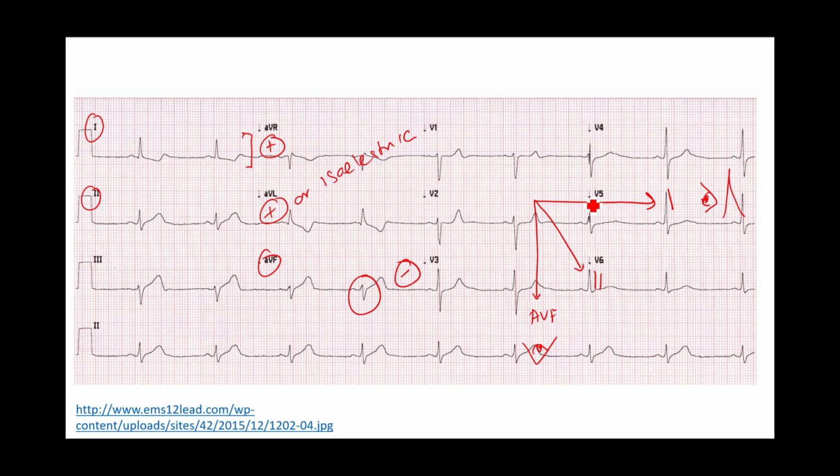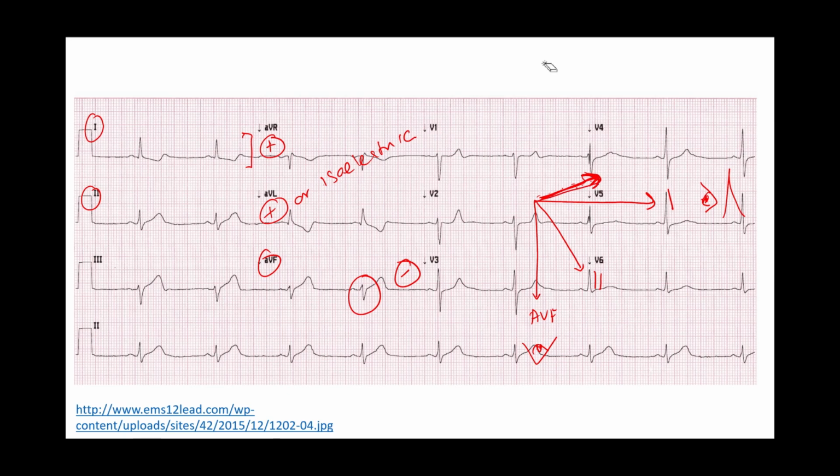So what could this mean? Maybe the axis is shifted more towards 1, and it's pulling away from AVF, so it's going to see it less and less, sort of in this direction. 2 is either positive or isoelectric, meaning it's going more towards that negative side as well. So maybe it's pulling away from 2 as well.